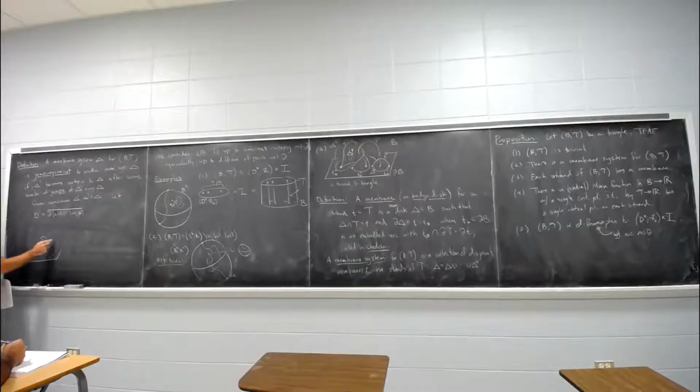So this is delta J. And what I do is I take a regular neighborhood of this entire semi-disk. So on the boundary, that regular neighborhood looks like a disk neighborhood of the shadow.